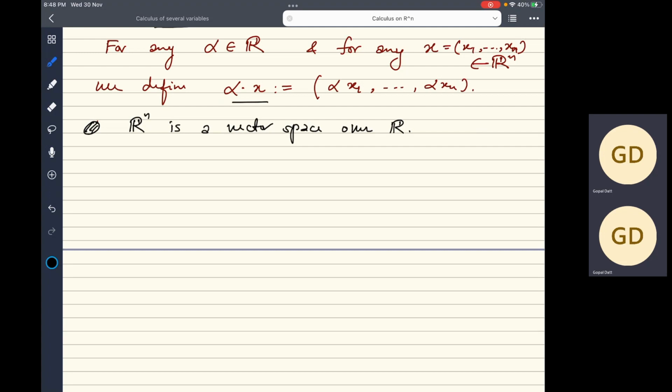So to study more geometrical things, we need some extra algebraic structures. Here in Rn we have inner product. In Rn we can define inner product.